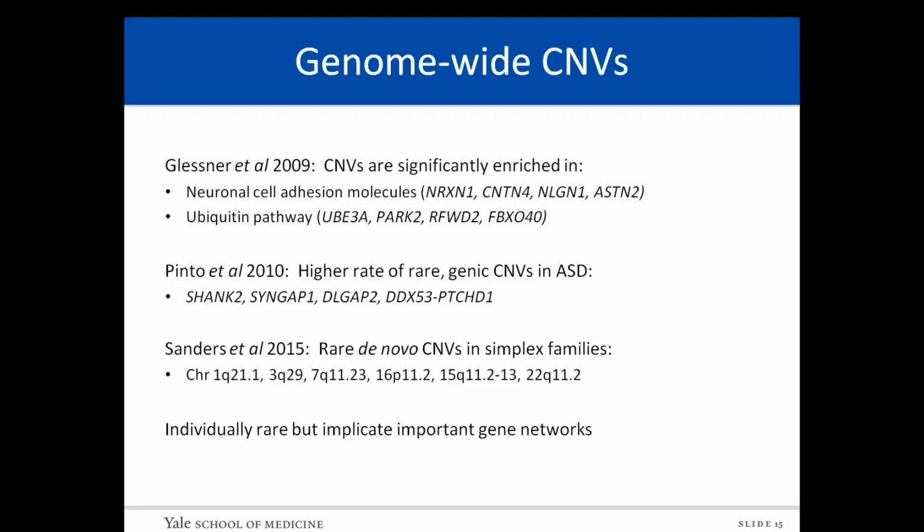Again, you might wonder, if all of these genes and regions are rare by themselves, found in maybe one or a couple of families, how does this help us understand autism? But the important thing is that they still implicate gene networks. If we know something about what that gene does, then we get an idea about where in the brain and when in the brain the dysfunction might be coming about, giving us clues about the pathophysiology.